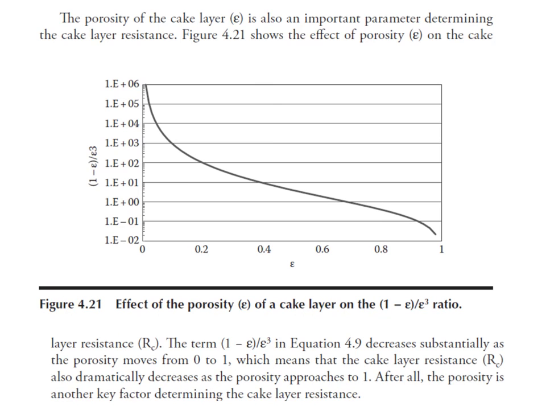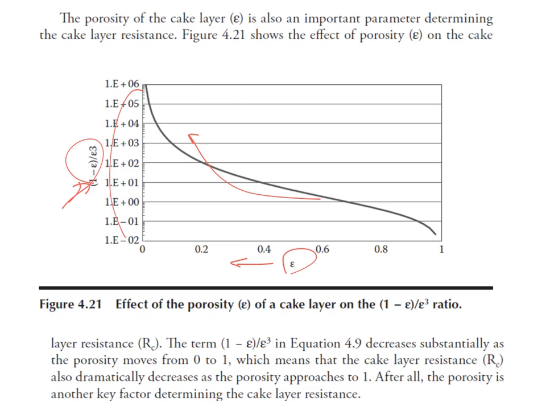This graph shows the relationship between cake porosity and cake layer resistance, and as you can see, if the porosity is decreased, the cake resistance increases significantly. Just look at the scale for the y-axis.